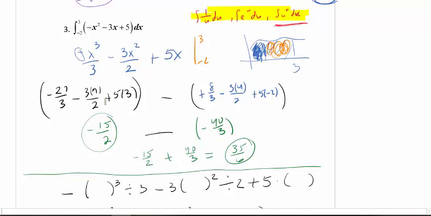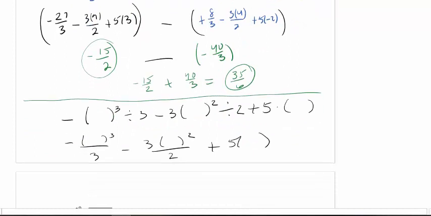So like minimum would be this line here in green, negative 15 halves minus a negative 40 thirds. I really recommend you showing me this first step because if you make a mistake typing in your calculator, I don't know that if you're not showing me that work. So all I did on here was just kind of remind you of how you would type it into your calculator. So if you want to look at this a little longer, then just pause it and you can look at that format.